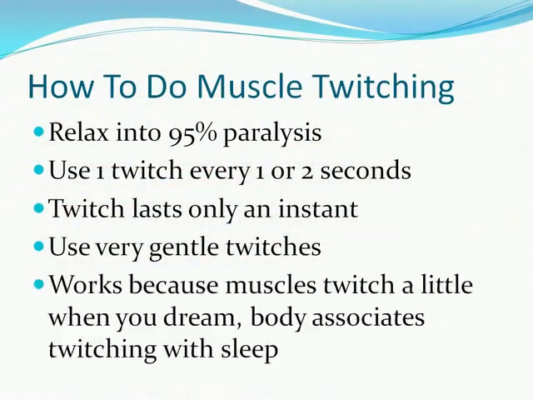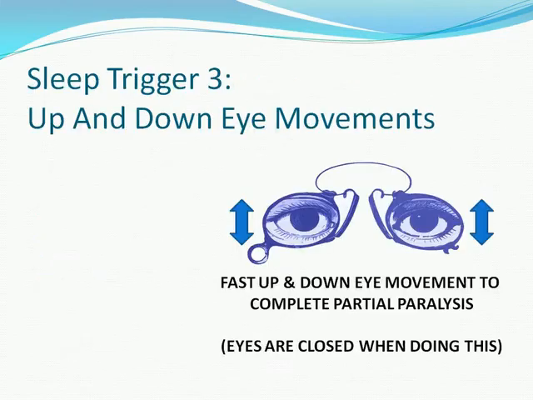Probably the reason this works is when you dream, you try to move your muscles, but sleep paralysis prevents you from moving. However, you do move your muscles just a little bit when dreaming, which causes muscle twitching. This means that the body associates muscle twitching with deep sleep, so one way to mimic deep sleep is to use muscle twitching.